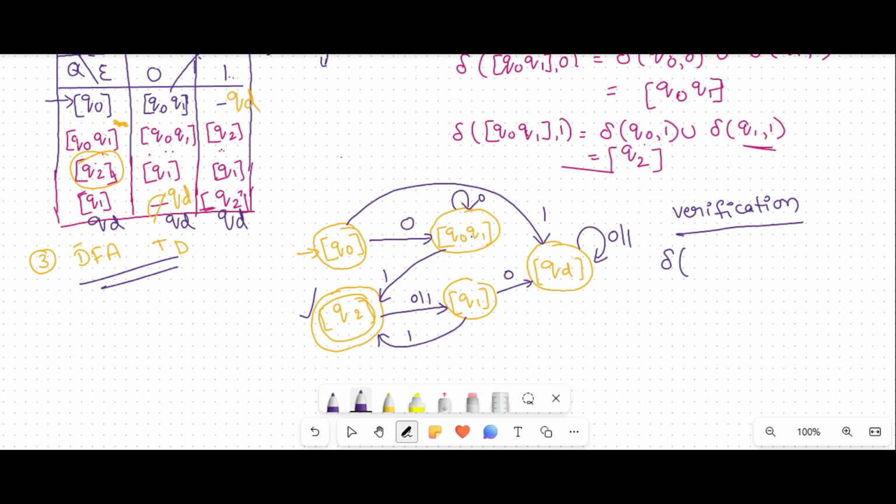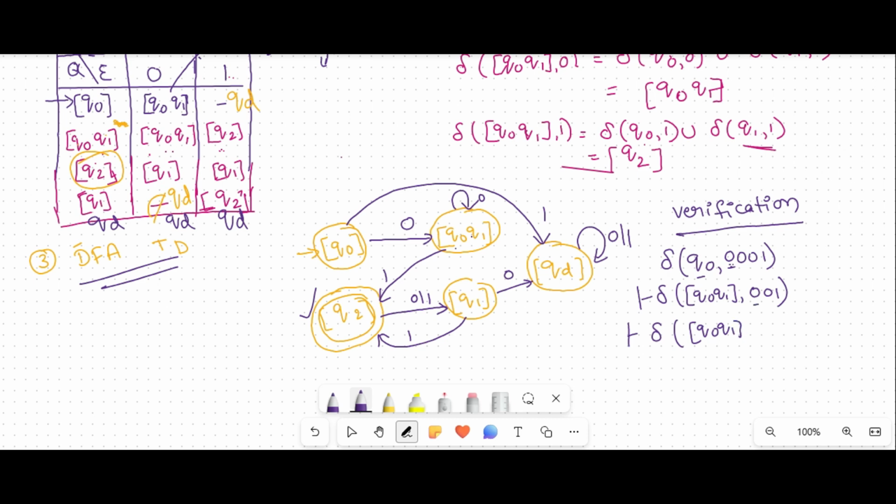That is the transition of Q0 with 001. How can we write? Q0 with 0, it is going to the Q0 Q1 state. Now, this 0 you have already processed, that's why we write 01. Again, delta of Q0 Q1 with 0 is Q0 Q1.